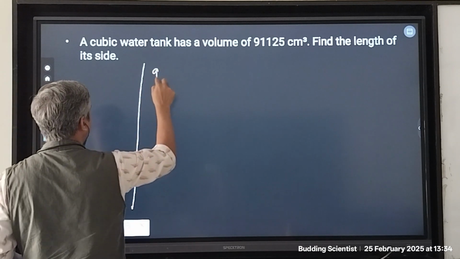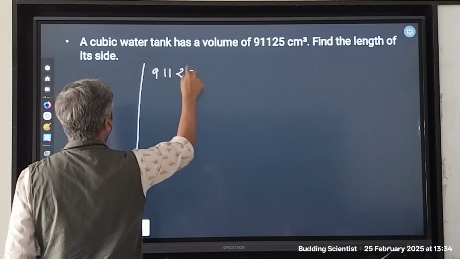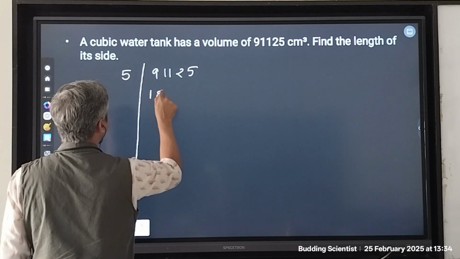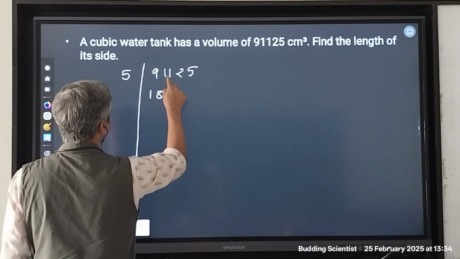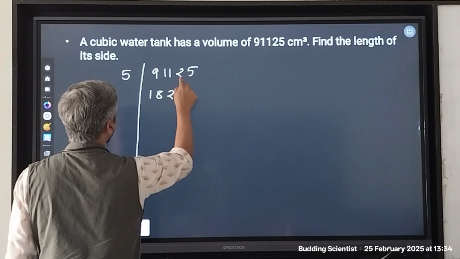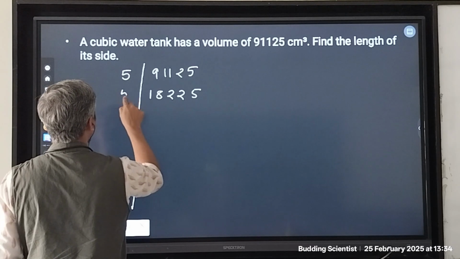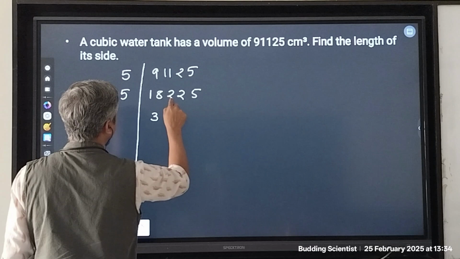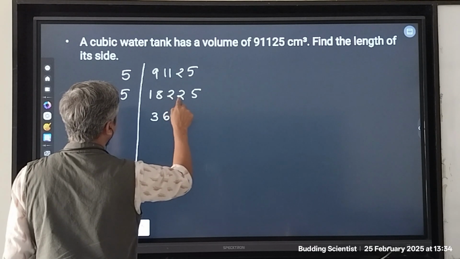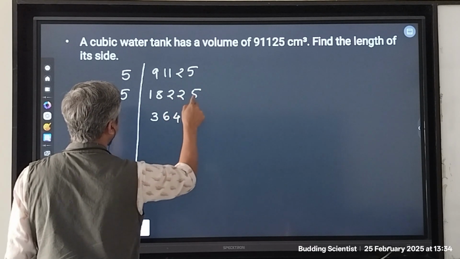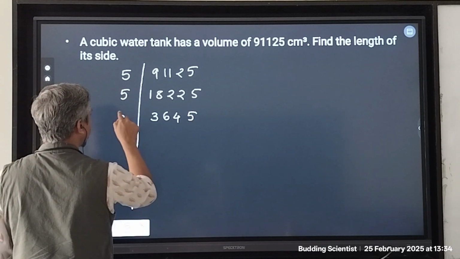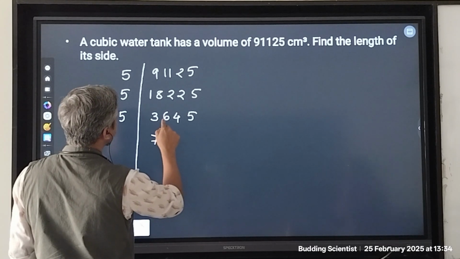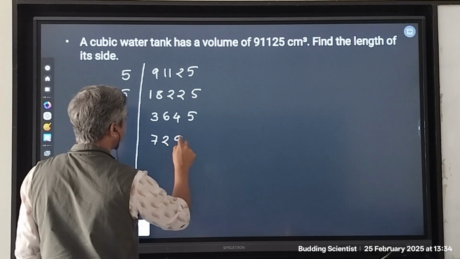91125 divided by 5, 18225, 3645. Now it is divided by 5 again. We have 729.